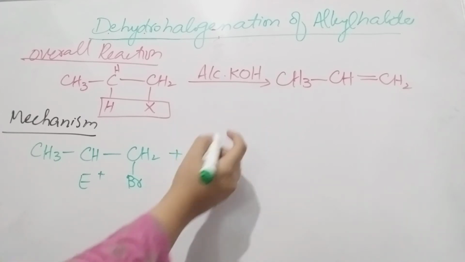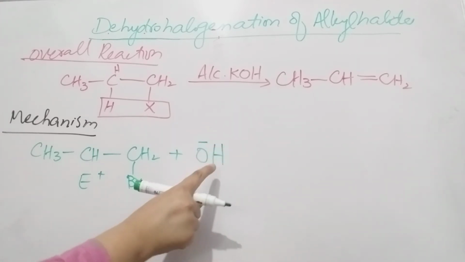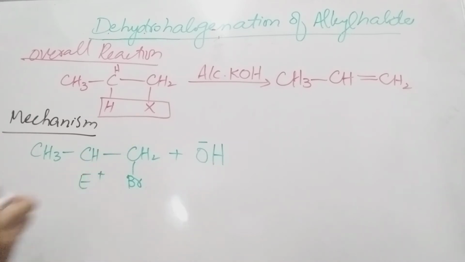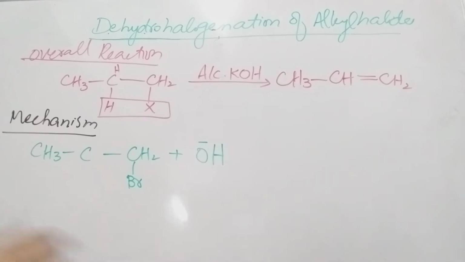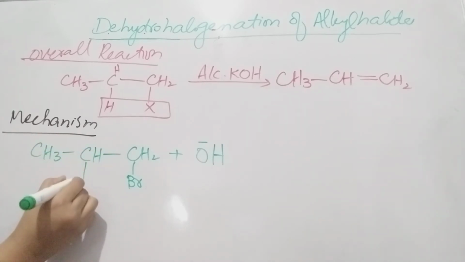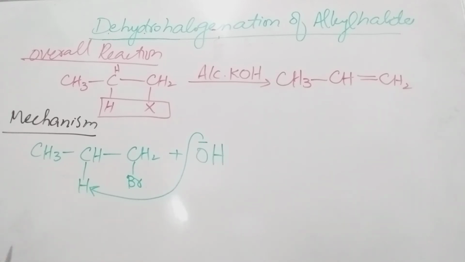We have alcoholic potassium hydroxide, and from it we take only the negative part. Now what would happen? Let me draw it clearly. This hydroxide base will attack this hydrogen.